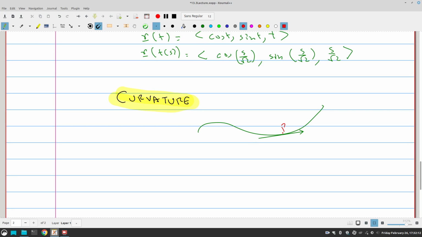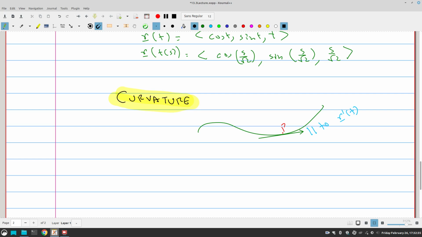So this tangent, of course, is parallel to r prime t.